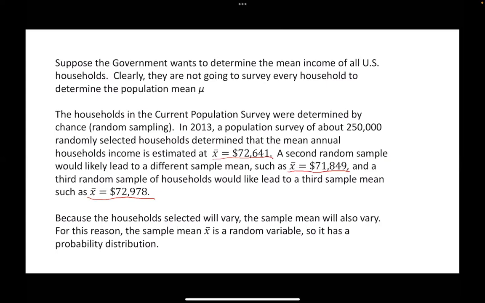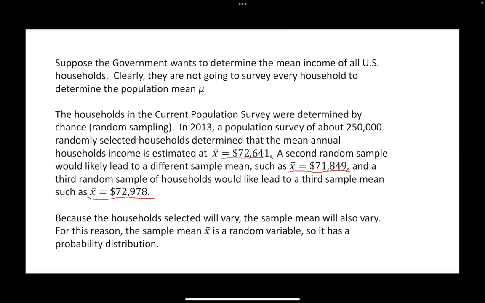If I kept sampling 250,000 households and finding the mean of those, then I can take all of those means and use those as data values. And if I find the mean of those means, it should be getting closer to the population mean. And it makes it a little bit easier to not sample every household in the whole US. So that's basically what's happening.